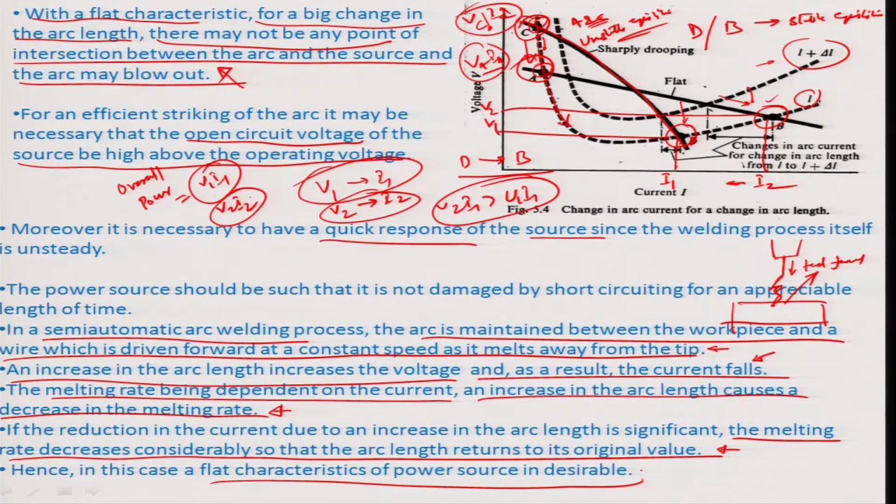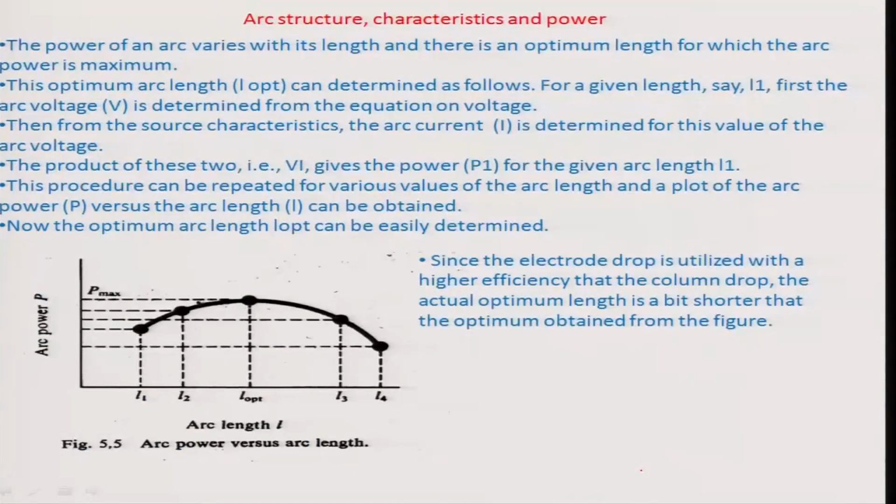Having said that, now the important issue is what is the optimum power at which the arc should be operated, and what is the optimum length, for example, at which the arc can do the power transfer. So, if I plot the arc power VI of the curve that I had shown earlier with respect to the various lengths of the arc, this is how it happens.